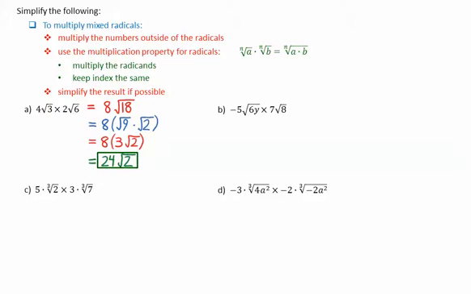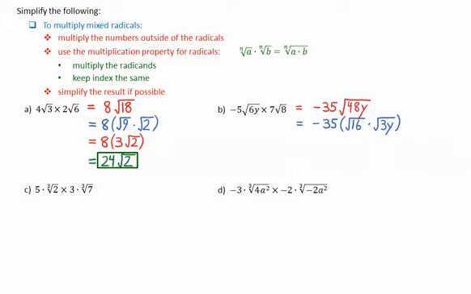For question B, we'll multiply the negative 5 times 7 and the root 6y times root 8. This gives negative 35 times the square root of 48y. Once again, we can simplify the square root of 48y.